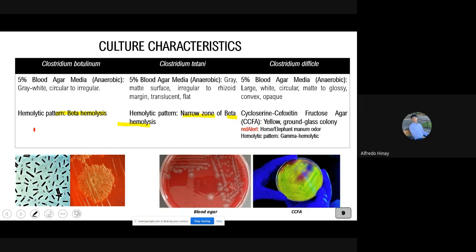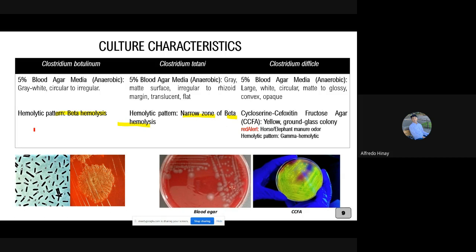With your Clostridium difficile naman class, yung isa sa mga pinakasikat na culture media na you have your CCFA or cycloserine, cefoxitin, fructose agar. And then, take note with this one class, ito yung CCFA. If you can observe on the picture, they will produce a yellow ground glass colonies.